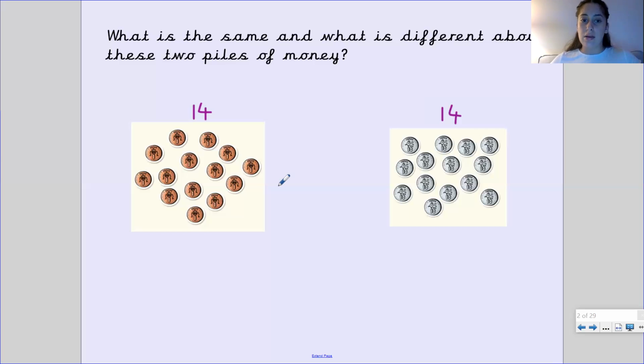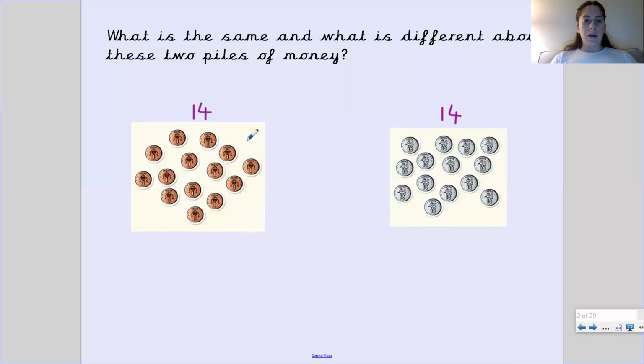Well, one way could be that we just count the coins given the value that they have. So we know that in this pile, the coins have a value of 1p. So 1 penny. So what we could do is just count it in ones to see how much money there is altogether.